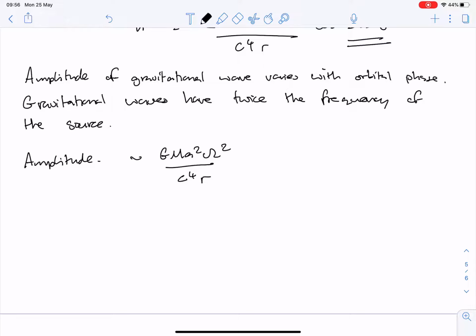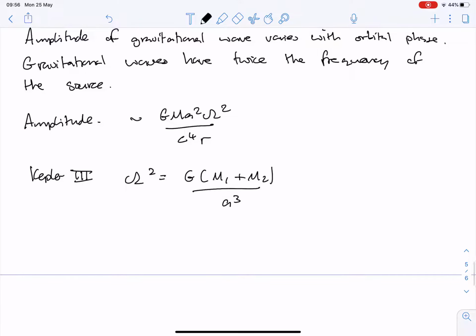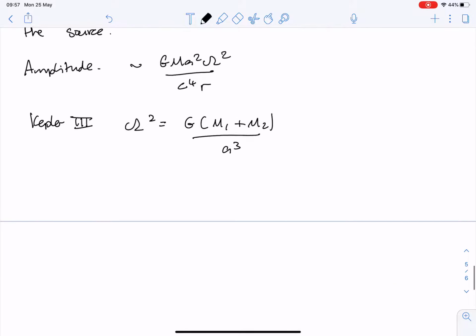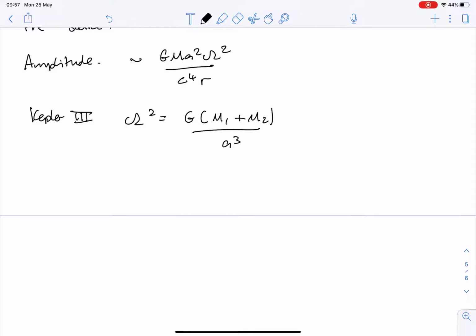Okay, so remember using Kepler's third law, omega squared is just G (m1 + m2) over a cubed. And so, if, for example, I wanted to look at two black holes with 10 solar masses separated by a solar radius at the galactic centre, then you'd have a period of about 38 minutes.